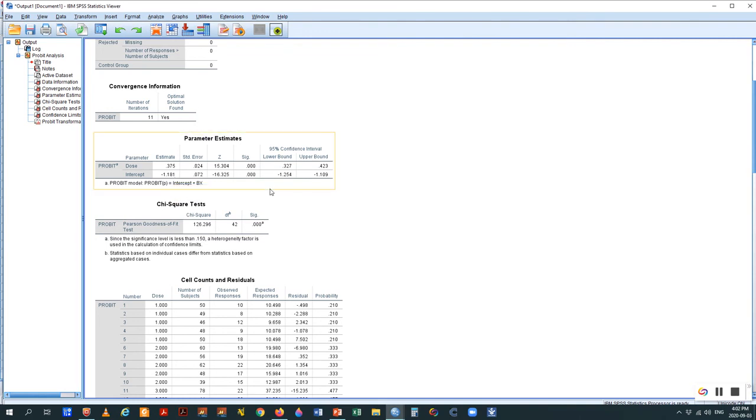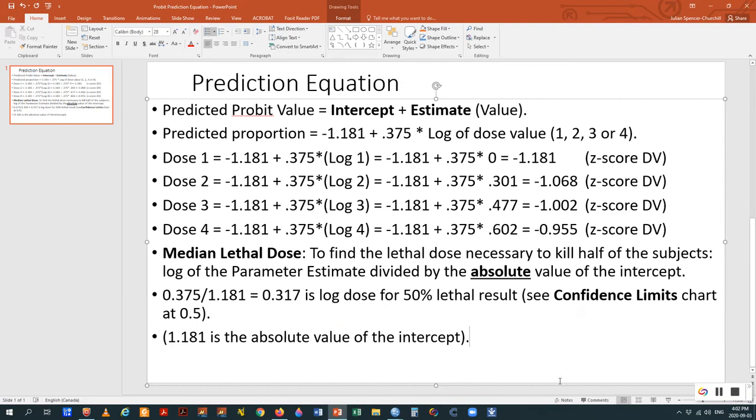Essentially the predicted value, the y hat, is equal to the intercept plus the estimate times not the raw score, but the z-score value of the independent variable. The predicted value is actually the value of the standard normal curve, the z distribution, below which the predicted proportion of the area is found.